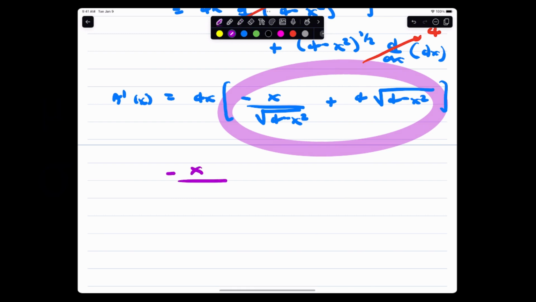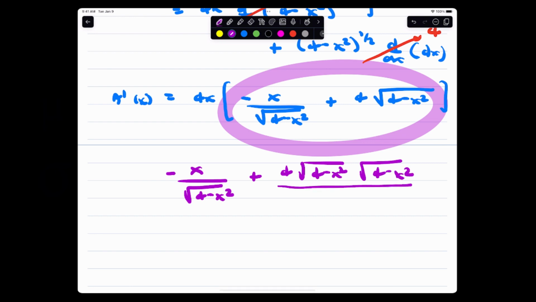Negative x over the square root of 4 minus x squared, plus 4 square root of 4 minus x squared times the square root of 4 minus x squared, over that square root of 4 minus x squared. You guys agree with that? You guys know what I'm doing? Yeah.